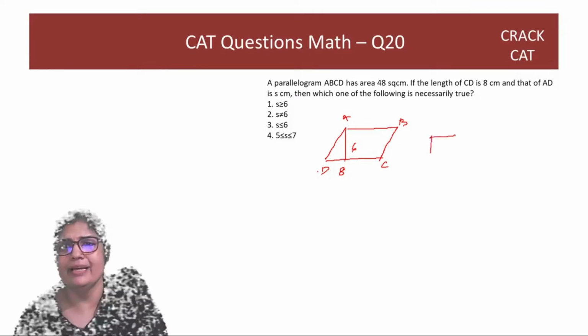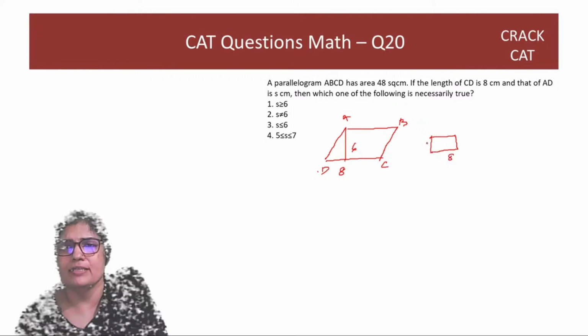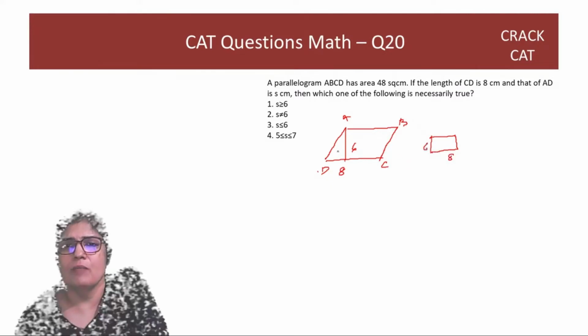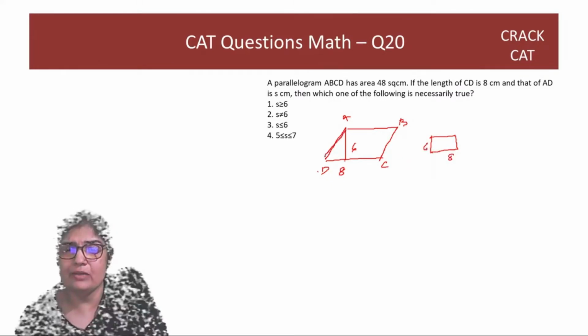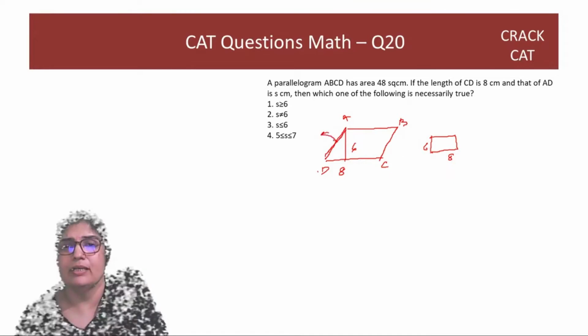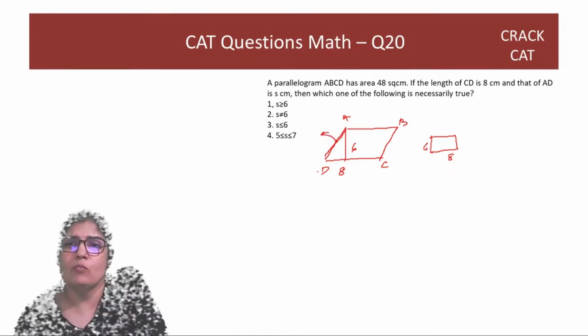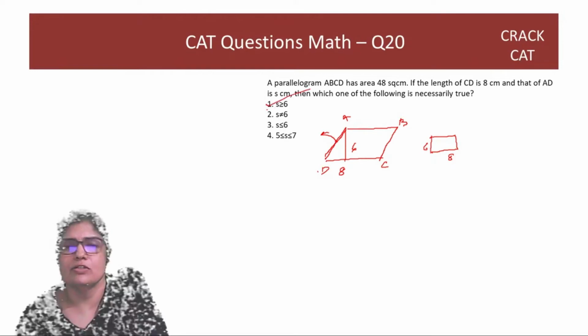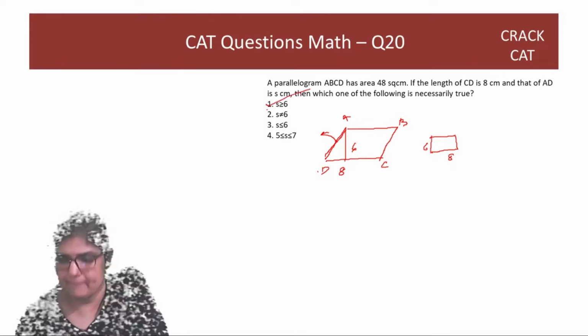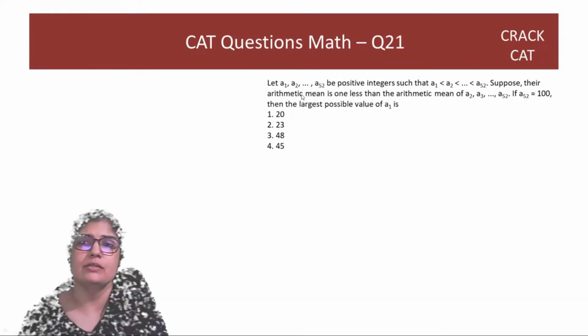Then it will be a rectangle of 8 and 6. But because this is not a rectangle, it is a parallelogram, this is the hypotenuse. AD has to be more than or equal to 6. First option. So this was a fairly easy question.